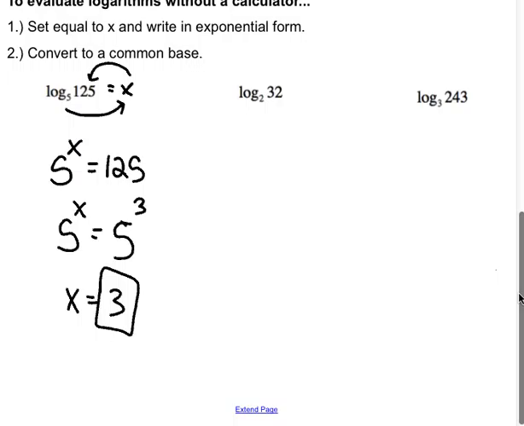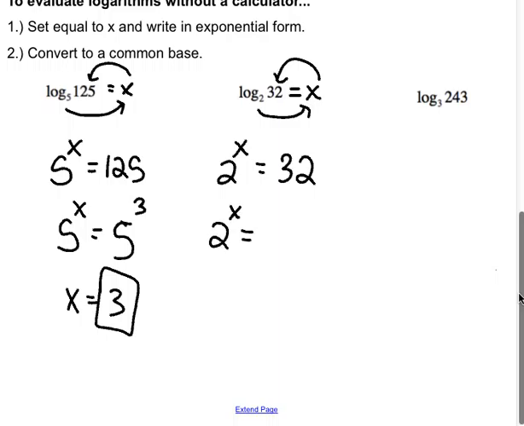So this second one, again, the goal is 2 to what power gives me 32. So to help you see that, I'm going to set it like this so I can physically see 2 to what power is giving me that 32. That's what the logarithm is finding. Now we just think, how can we rewrite 32 to be a power of 2?